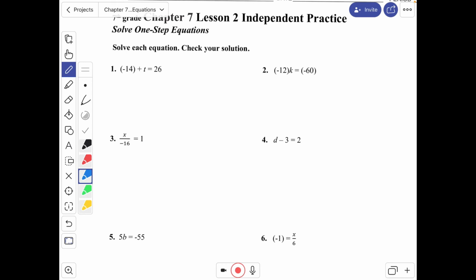For example, we have negative 12 times k equals negative 60. So what are they doing to the variable? Multiplying. So we're going to do the opposite, which would be divide by negative 12. And you have to do it on both sides.